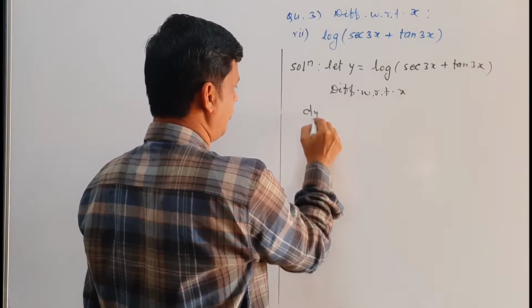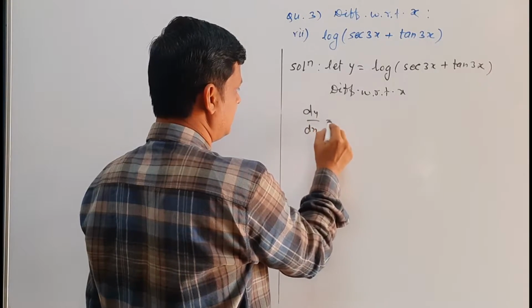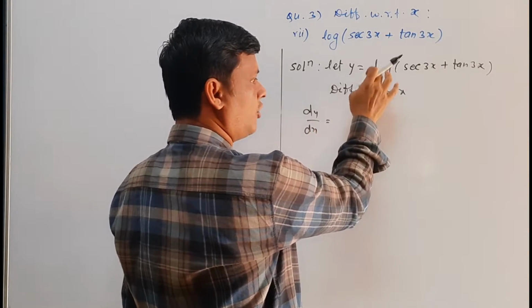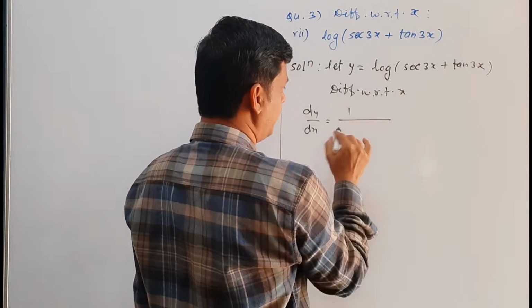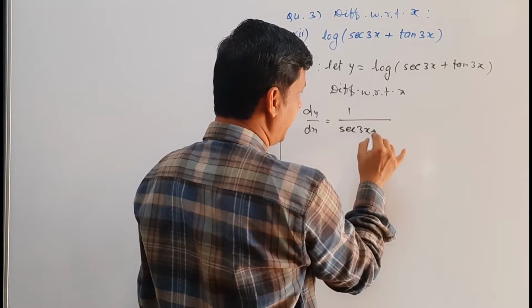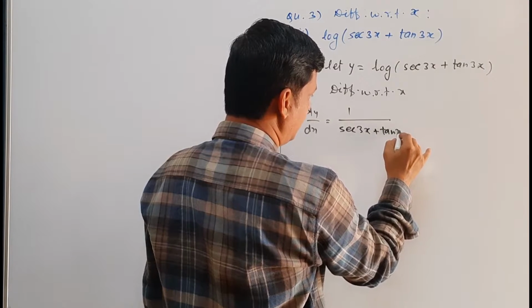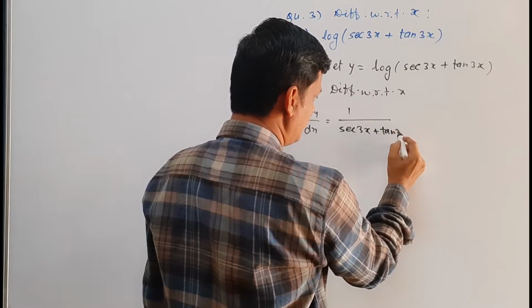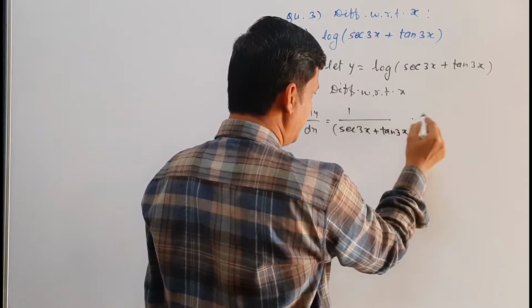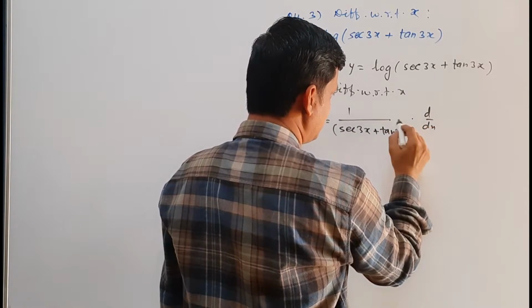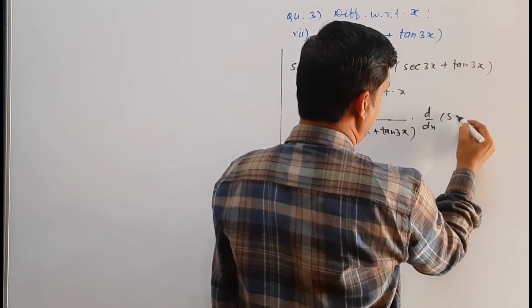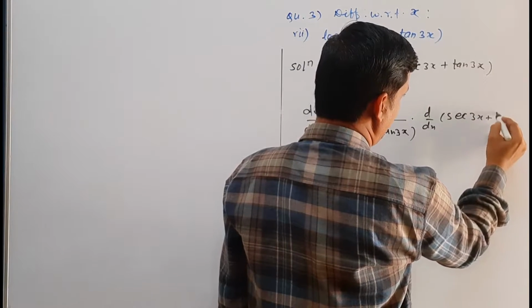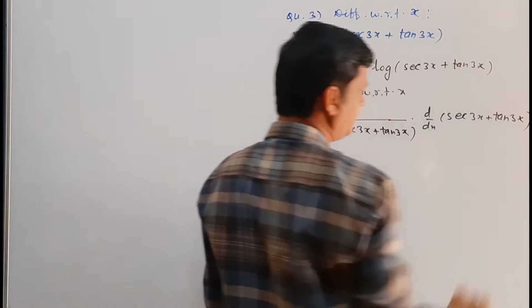So the derivative of y is dy by dx. Now we have to find the derivative of this outer function first. So we write 1 upon, since the derivative of log is 1 upon sec 3x plus tan 3x, into d by dx of, we have to find the derivative of this bracket, so d by dx of sec 3x plus tan 3x.